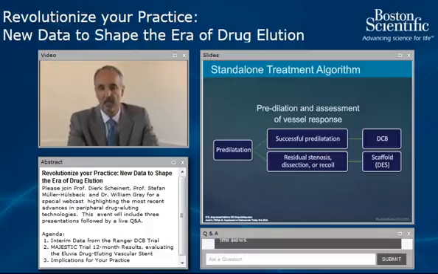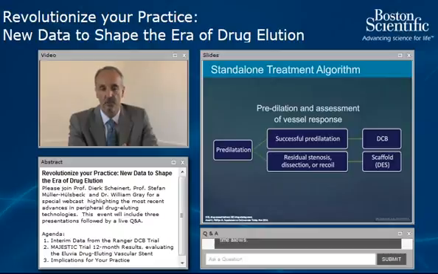So if we start thinking about how to use these drug elution technologies, the first would be as a standalone treatment algorithm. In our lab, we will pre-dilate a lesion which we think is potentially appropriate for a drug-coated balloon. We'll make a decision after the pre-dilation as to whether we think the vessel will stand on its own or whether there's enough residual stenosis, dissection, or recoil that it may need a scaffold or potentially a second balloon dilation.